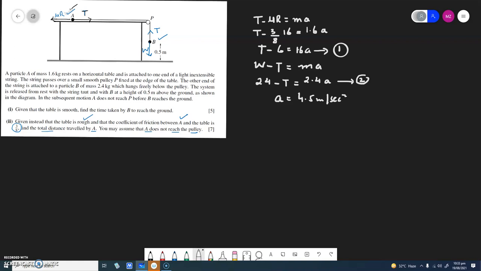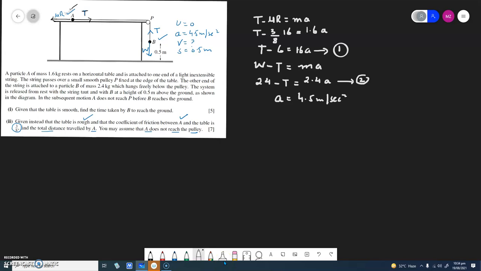So let us form the data for the particle B. The particle B is initially at rest, that is u is equal to 0, and its acceleration is 4.5 meters per second square. Its final velocity is required, and it covers a distance of 0.5 meters.